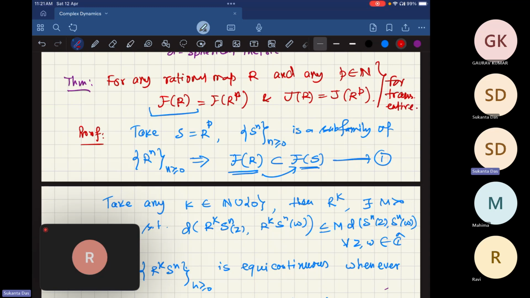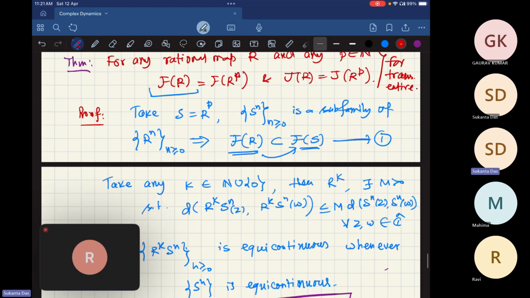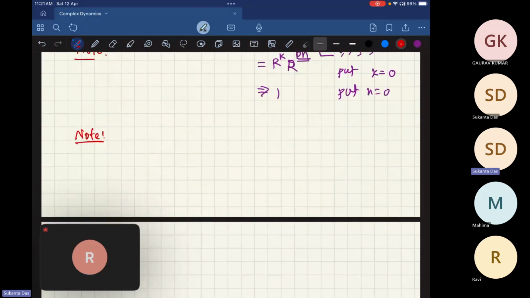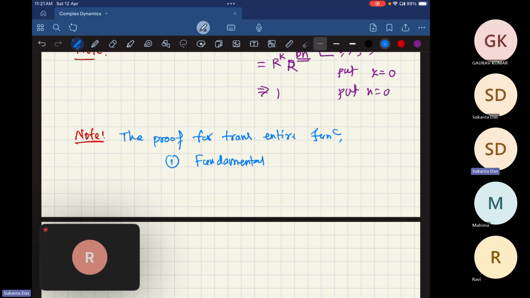But the proof will be slightly different, and the proof will depend on two facts. For the transcendental entire function, the proof basically depends on two facts. The first one is the fundamental normality test, which I have mentioned in the first talk.